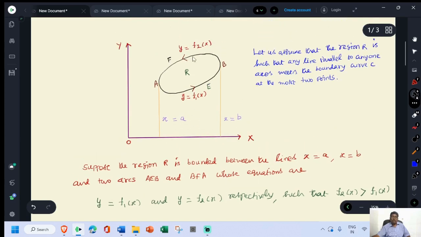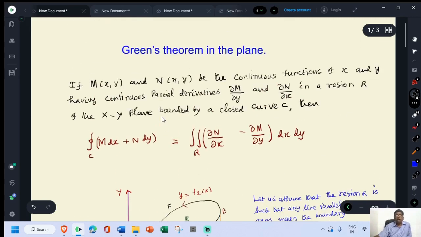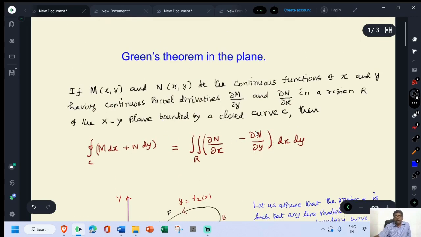Furthermore, f2 of x is greater than f1 of x. The lines x equal to a and x equal to b provide the lower and upper limits of x. The curves y equal to f1 of x and f2 of x give the lower and upper values of y. Now we have to find the integral value.